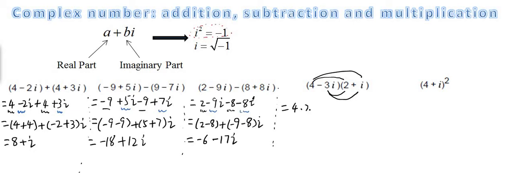Then we can simplify it. 4 times 2 is 8. Here is 4i. Negative 3i times 2 is negative 6i. And here we have negative 3i squared.